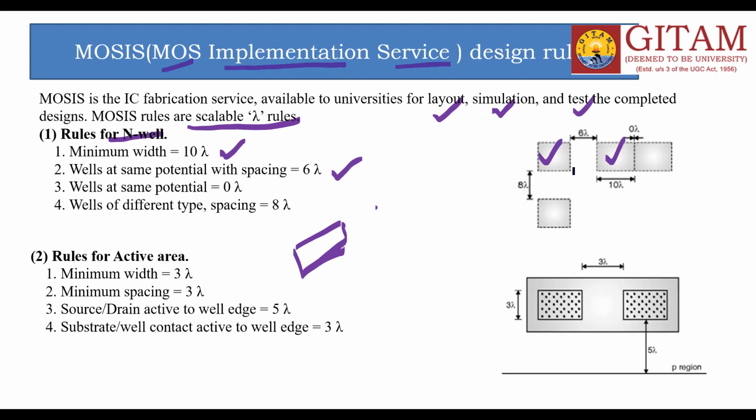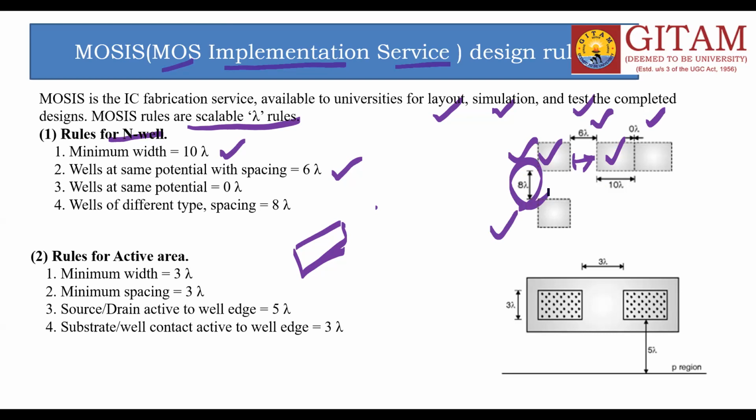The space between these two wells, having the same potential, may be 6 lambda or 0 lambda. You can join them like this. Or if this well and this well have different potentials, then the spacing is 8 lambda.